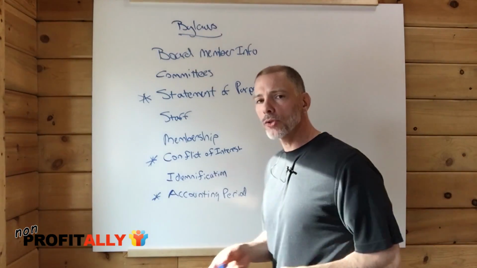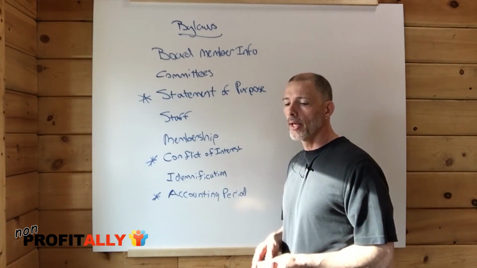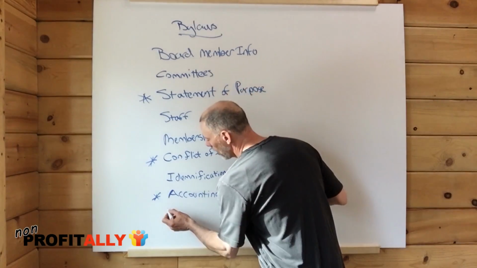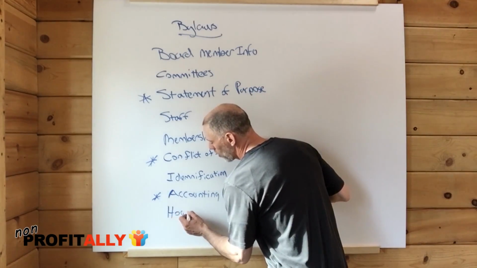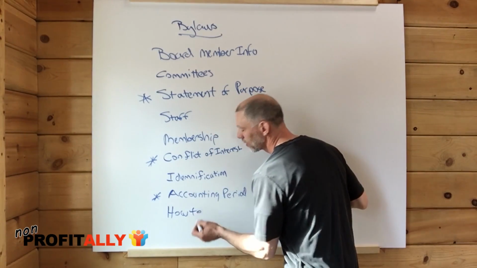And not least, a lot of this is important, but really important is to include a clause in your bylaws that tells whoever the board members are how to amend your bylaws.